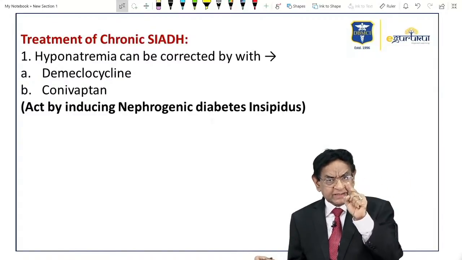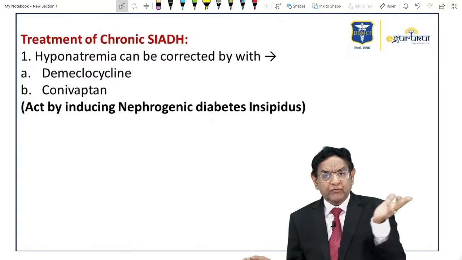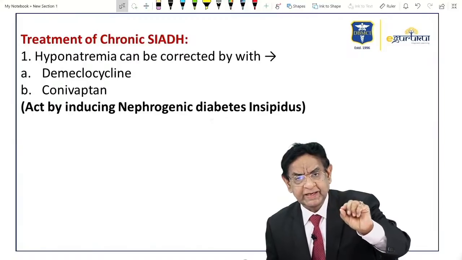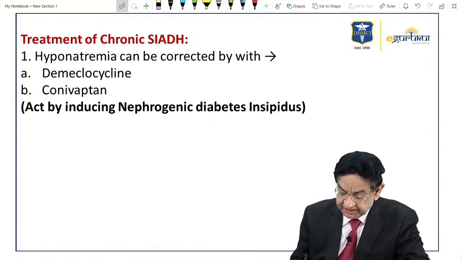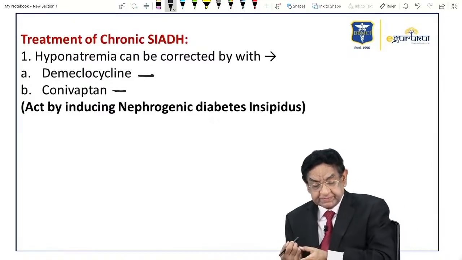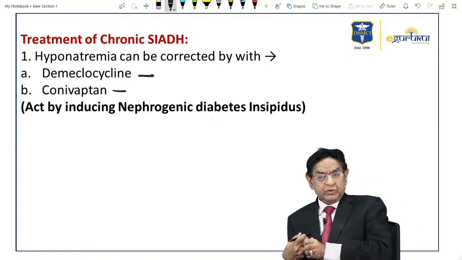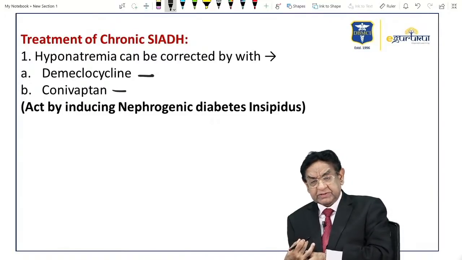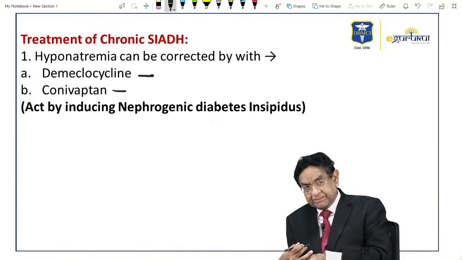In such cases, do we give 3% saline? No way. Repeating, 3% saline only in emergency. In these cases, we can give demeclocycline or conivaptan. So in chronic cases where the patient has symptoms of fatigue, malaise, then we can try with demeclocycline or conivaptan.